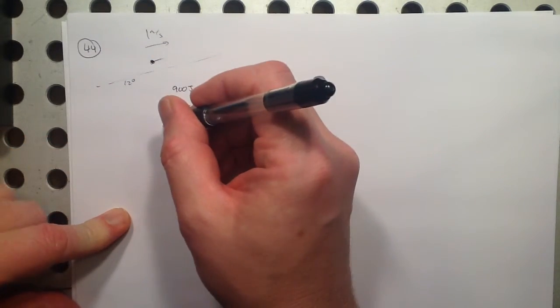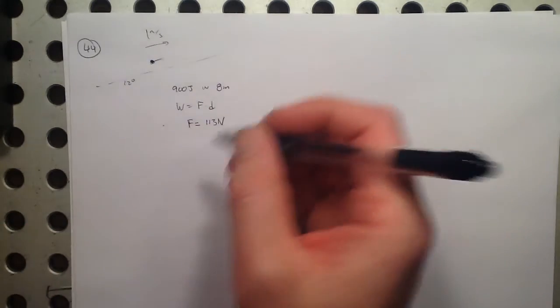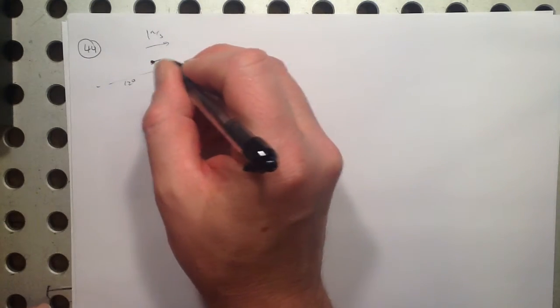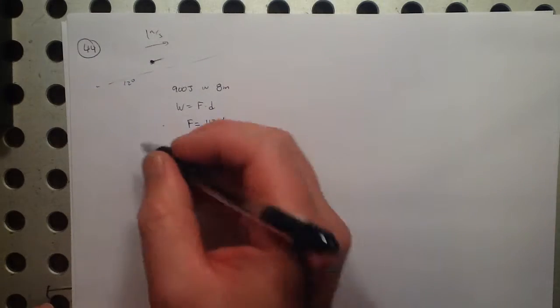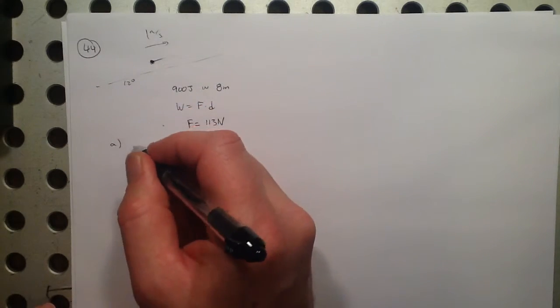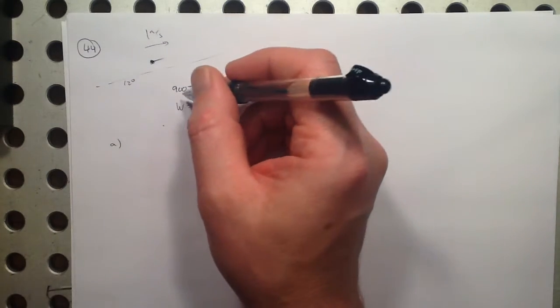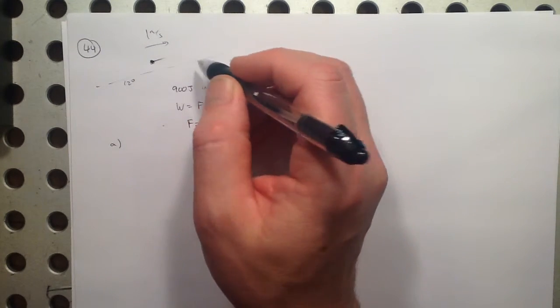Wait, is this an answer for any part? Hold on a second. No, I guess I haven't done anything yet, right? I thought I answered part A. So part A is if instead the constant velocity was 2 meters per second, well, that's still constant velocity, right?